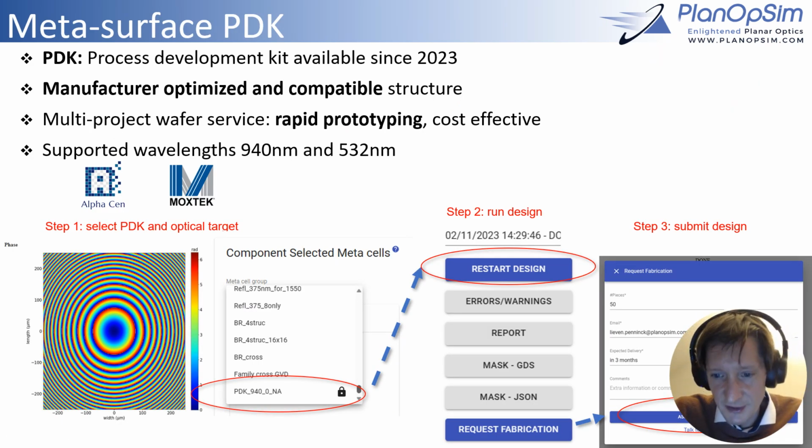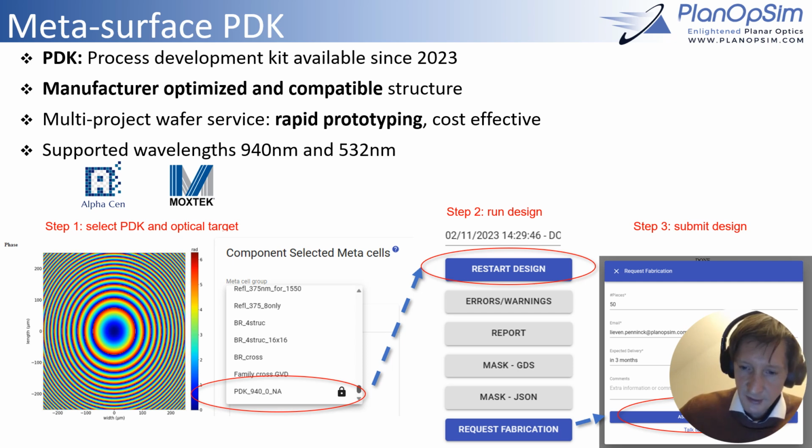If you find all of this daunting, I also want to point out the fact that since 2023, there are public PDKs for metasurfaces. PDKs are called process development kits, and these are structures that are optimized for manufacturing and guaranteed by a manufacturer.